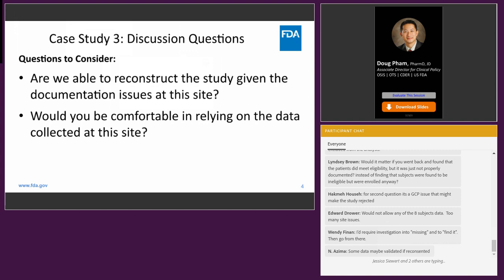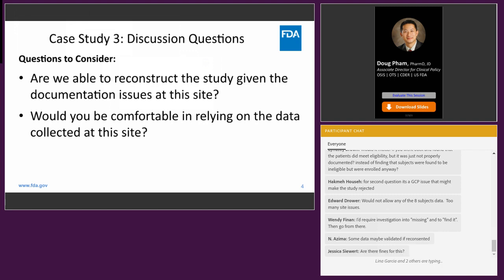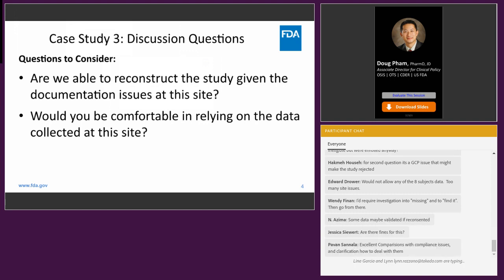These kinds of questions and concerns that you are flagging in the comments are actually what we do every single day, both in an inspection and also on the review side. We're contemplating all these issues as we interpret study reliability or data reliability and acceptability. Okay, I think that's all. Let's move on to the next slide.